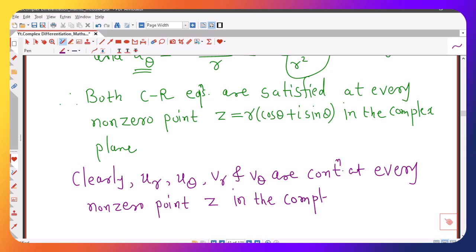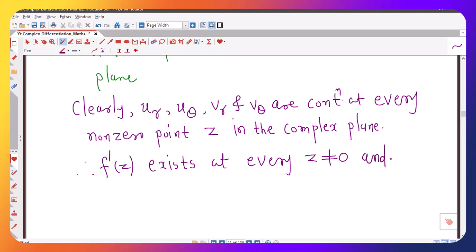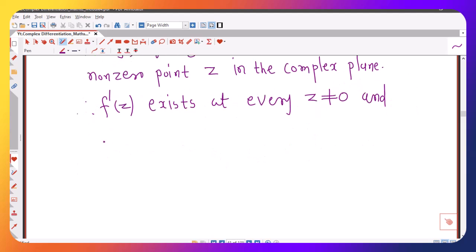So both the conditions for differentiability are satisfied at every non-zero point, therefore we can say that function is differentiable, or f dash z exists at every non-zero point or at every z not equal to 0, and we have to find its value also.